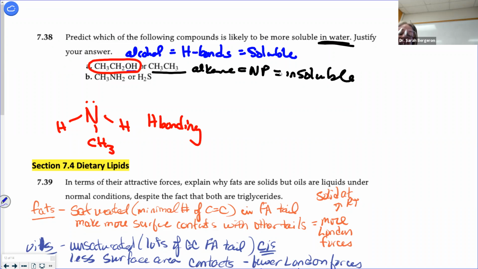Okay. Now, H2S, I have S, I have 2 hydrogens. If I drew this in Lewis dot structure, how many lone pairs? 2 lone pairs. So kind of like water, right? See how sulfur is in the same column as oxygen?